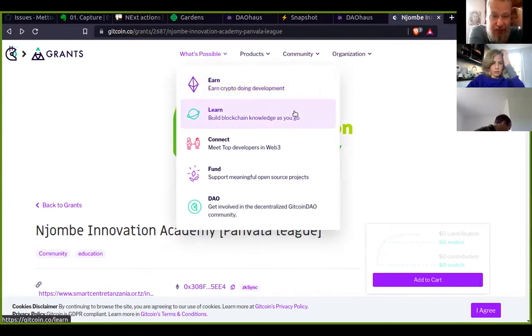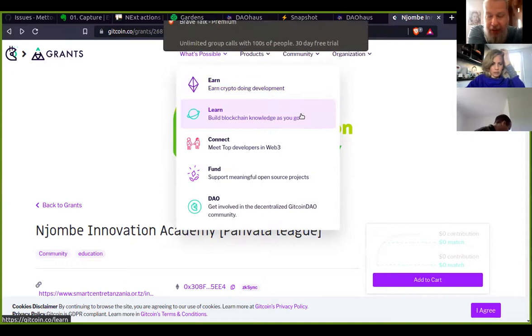It's very interesting, and you have a two-way dynamic related to funding, right? You fund and you are funded, and that happens with this quadratic funding algorithm. And you have the DAO. You can join Gitcoin DAO. You can be part of it. It's the DAO that has the stakes in this platform, this environment.